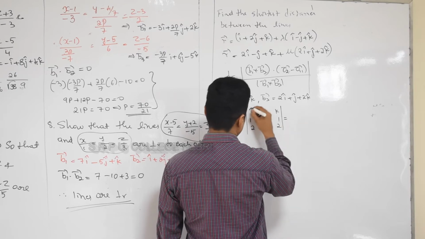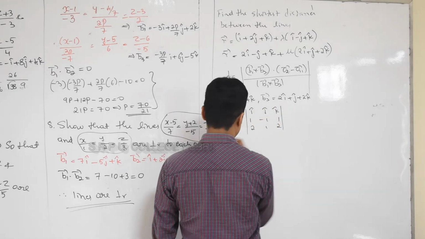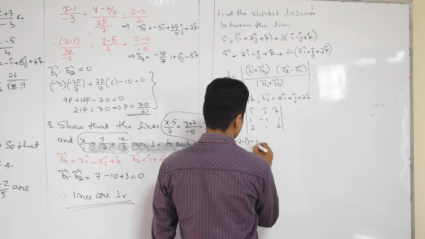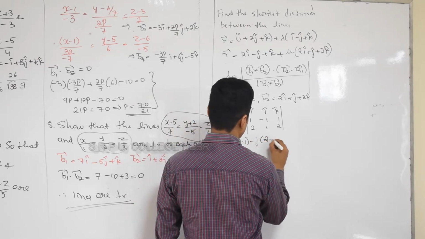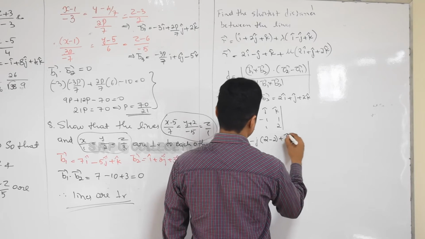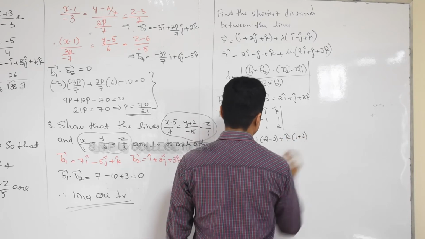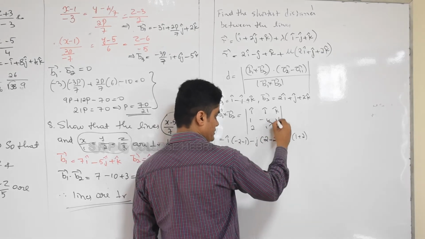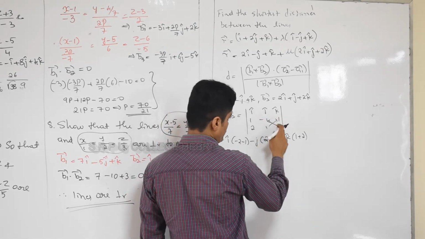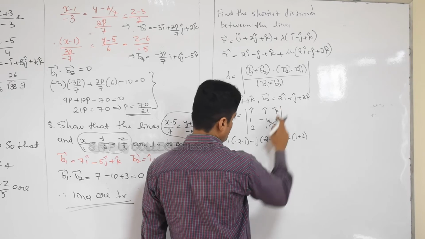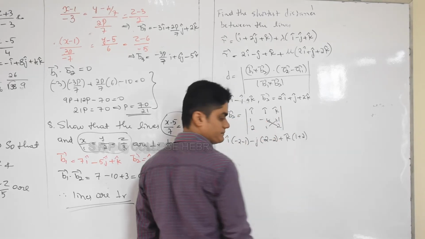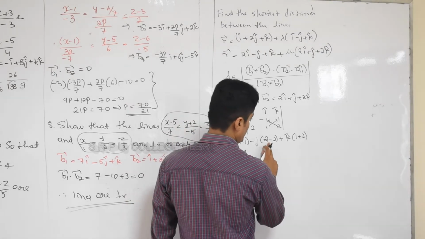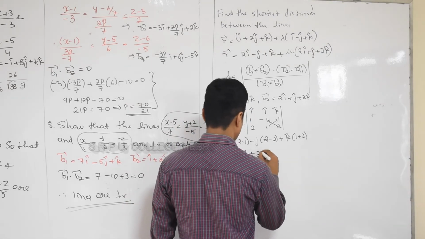Expand it. You remember the determinant expansion, right? So i into minus 2 minus 1, minus j into 2 minus 2, plus k into 1 plus 2. So this will be minus 3i, this becomes 0, plus 3k.